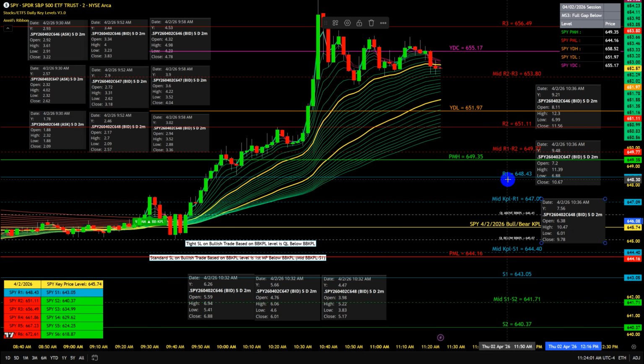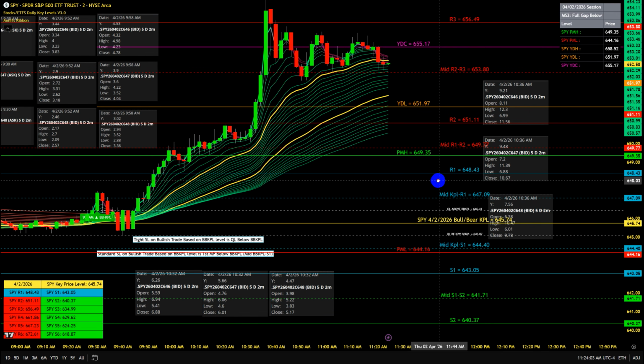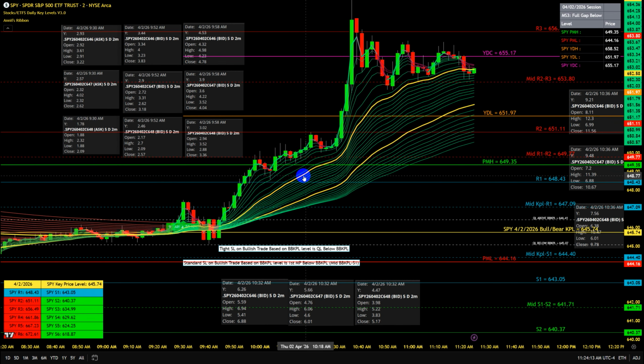So we have one level move here up to R1. The next midpoint above that is the mid R1, R2. Now that hit occurs on the 9:58 a.m. candle, which is right here. It spikes above, goes above PMH, but also spikes above and touches the mid R1, R2 level.